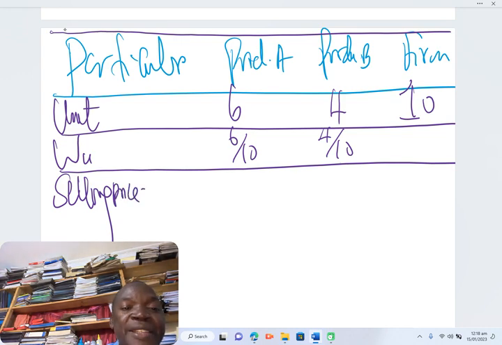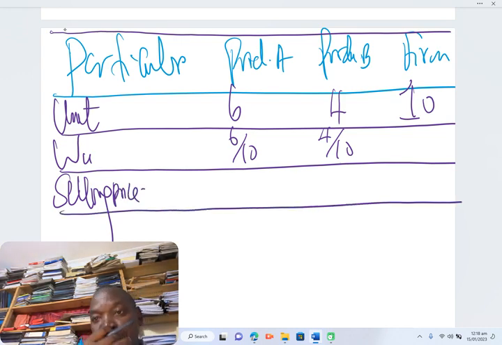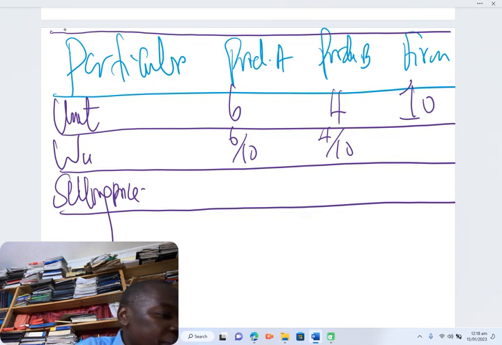Selling price of each product. The selling price of each product has been given. For example, product A, the selling price for product A is 44,000.